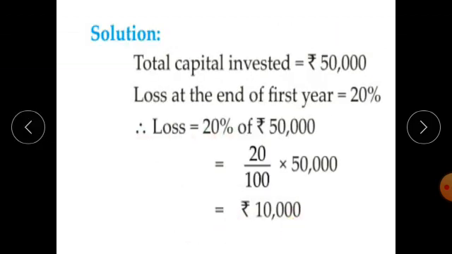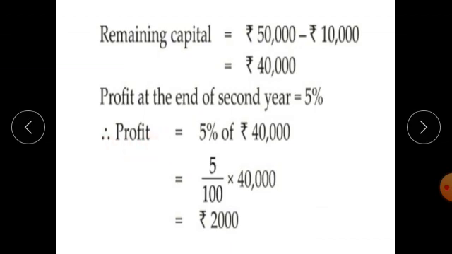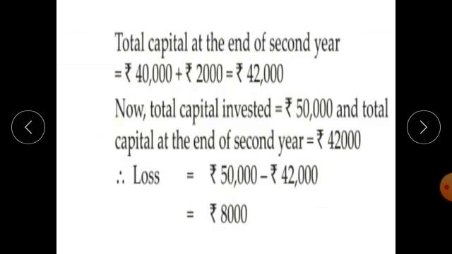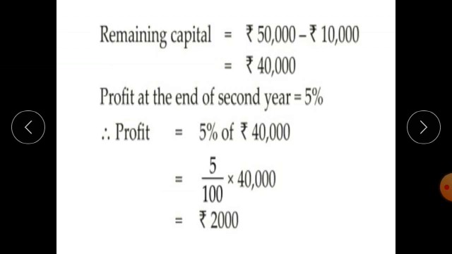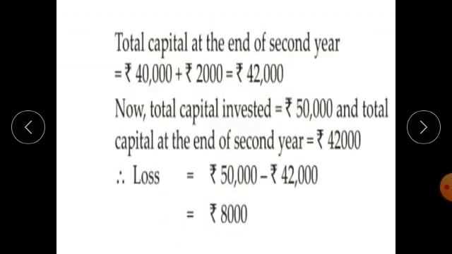Loss is rupees 10,000 and profit is rupees 2,000. So total capital at the end of the second year is rupees 40,000 plus rupees 2,000, because profit is rupees 2,000, which equals rupees 42,000.